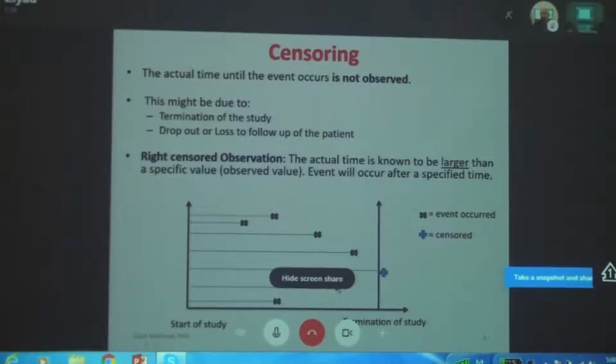At that time, either they were out of the study because we closed the study and they were still alive, or the event still did not occur, or, like patient number 6, they got lost to follow-up. This is the last observation, or the last visit in the clinic, where that patient was alive.